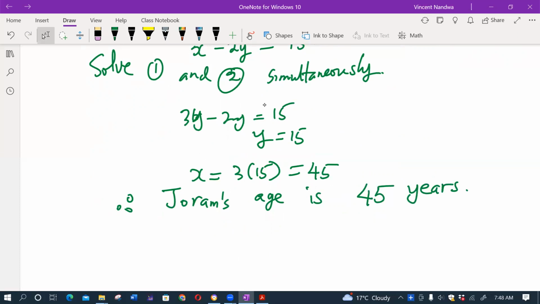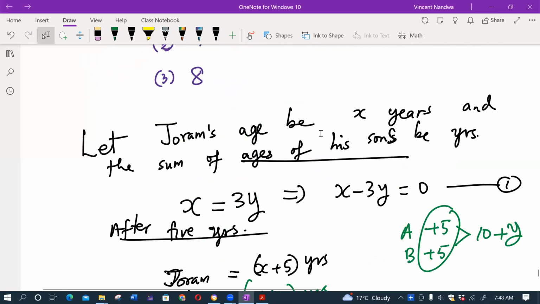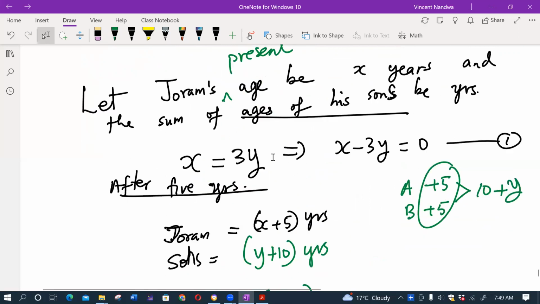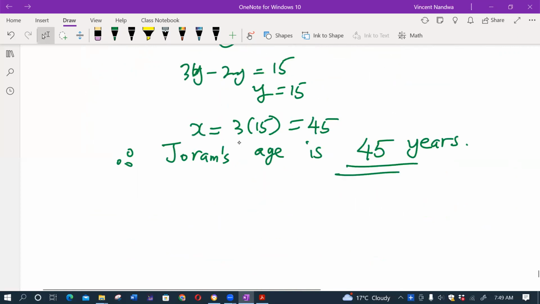From the stem of our problem, we said let Joram's present age be X years. Once you have the value of X, it gives us the age of Joram. So Joram's age is 45 years.